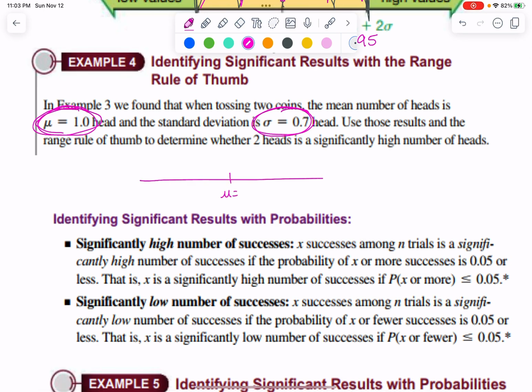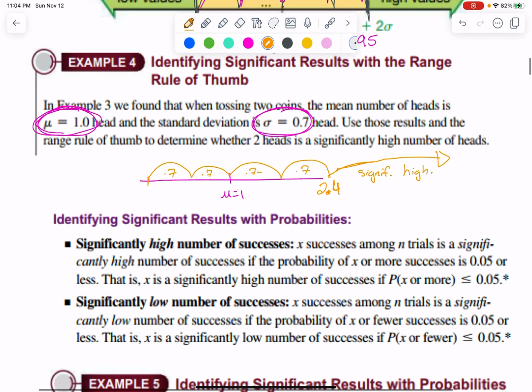My average was 1, and if I add the standard deviation twice, I get 0.7 plus another 0.7. That's 1.4 total, so 2.4, okay? 2.4 is my cutoff mark. Anything above 2.4 is considered significantly high, okay? If I subtract 0.7 and subtract 0.7, that's subtracting 1.4, or it would be negative 0.4.